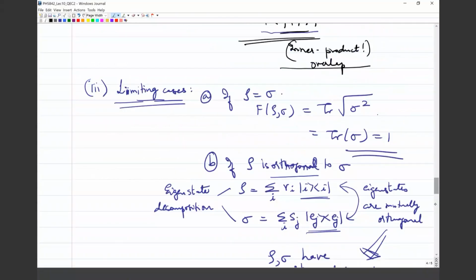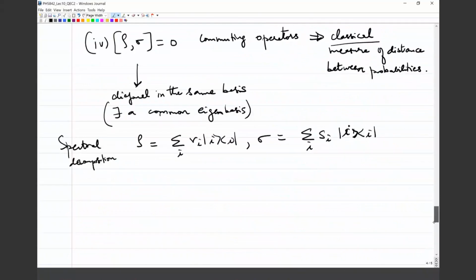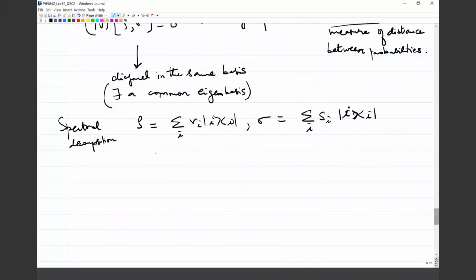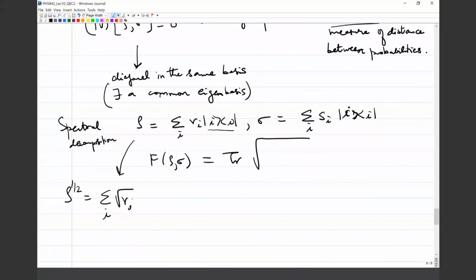So now it's the same set of eigenstates, and then your fidelity function becomes the trace of the square root. Remember, the eigenstates of the square root of a Hermitian operator are the same as the eigenstates of the operator itself. So when I do the spectral decomposition, rho to the half is simply an operator whose eigenvalues are the square roots of these and diagonal in the same eigenbasis.